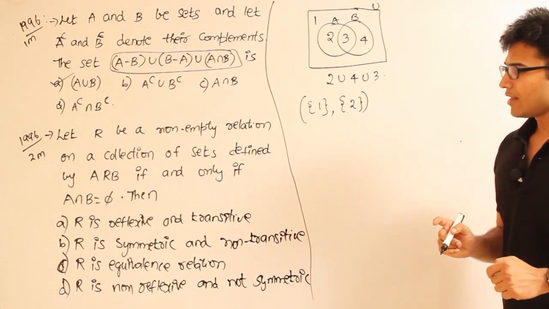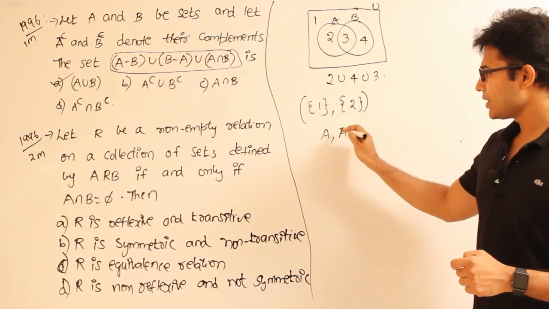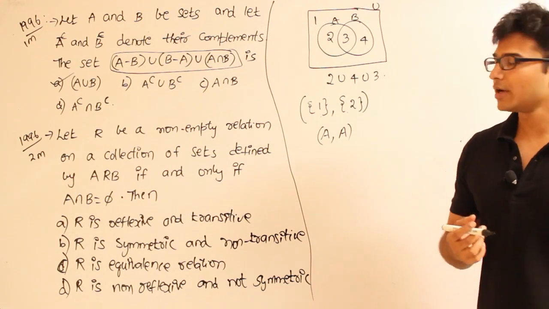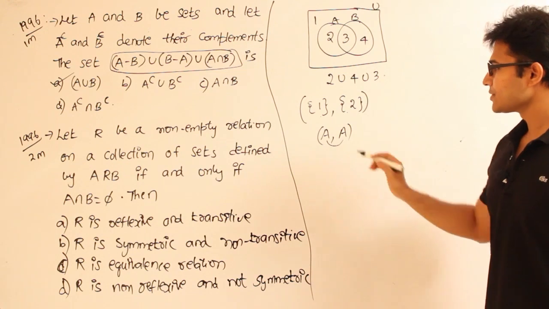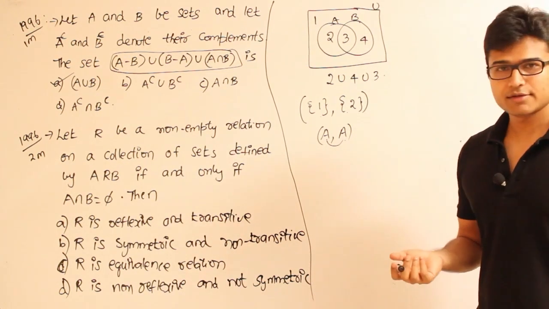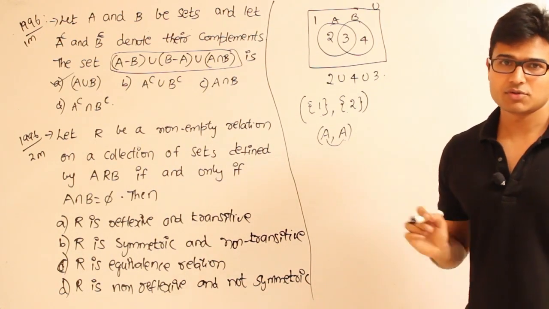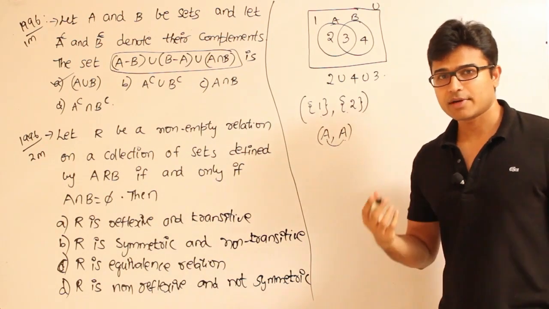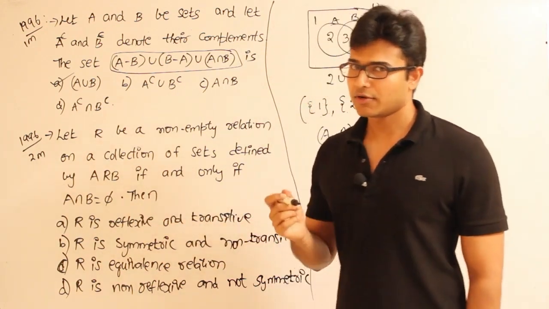Which means, will the relation contain two sets of type A comma A ever, or will it contain all the sets of type A comma A? This is not possible because A intersection A is not equal to ϕ, isn't it? Only when A intersection A is equal to ϕ are you supposed to include A comma A. Since A comma A elements are not present in the relation R, we can say that it is not reflexive. Are you getting this?